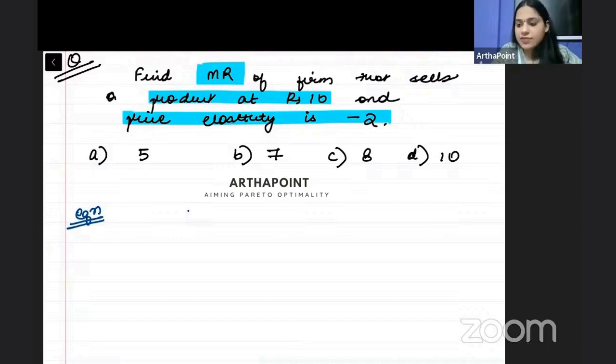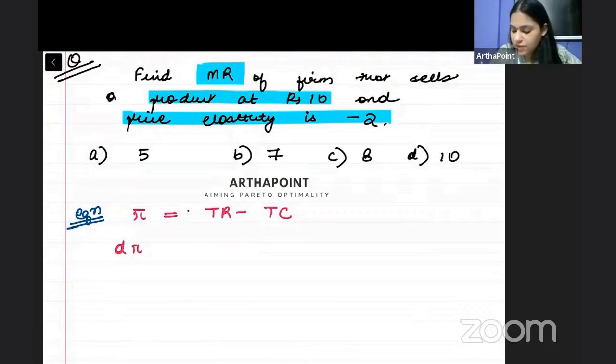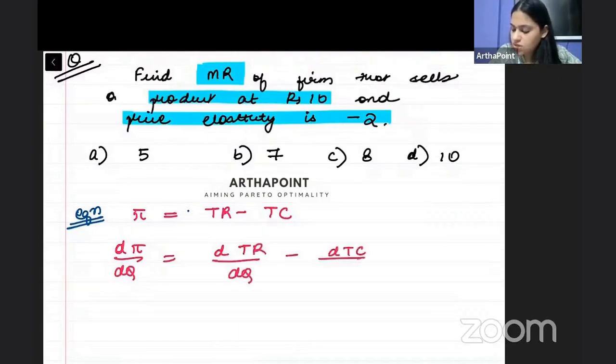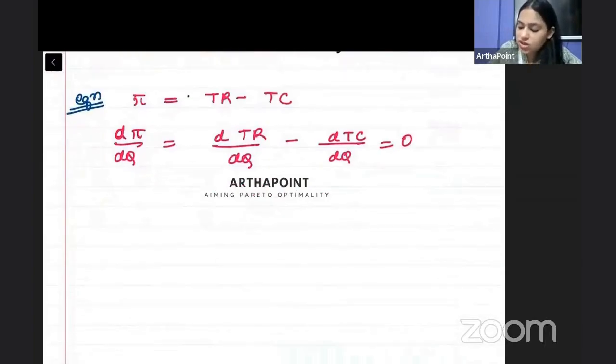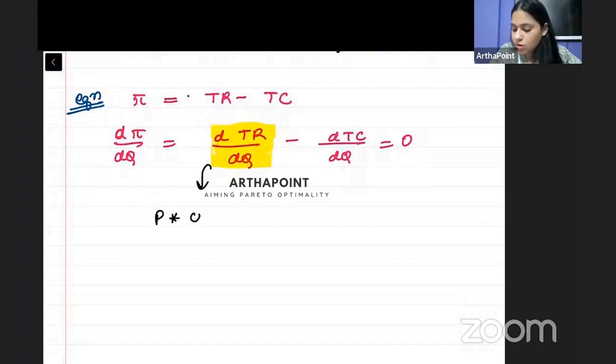So we know that profit is total revenue minus total cost. Right? So if I were to go ahead and maximize my profit, तो पहली बात ये समझनी होगी that in order to maximize my profit, I am going to maximize total revenue minus total cost and equate it to 0. Right? बेटा total revenue can be written as price into quantity.